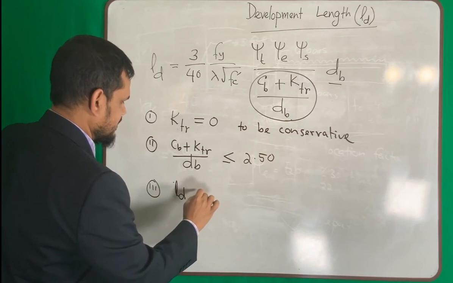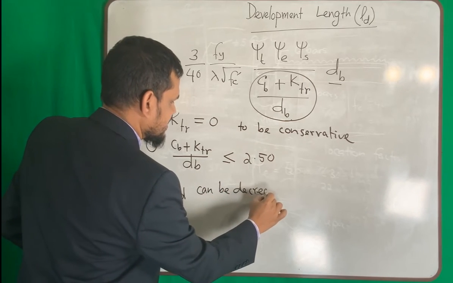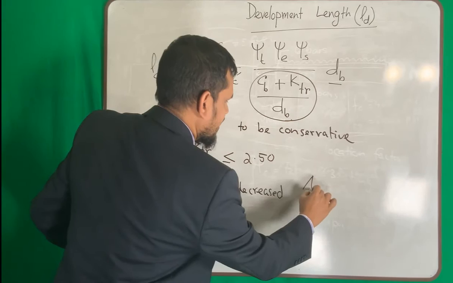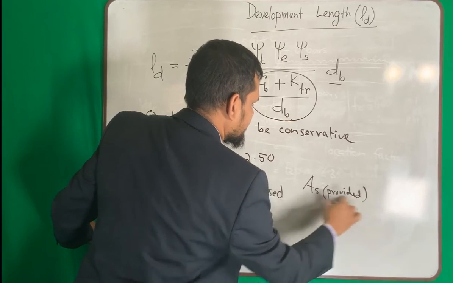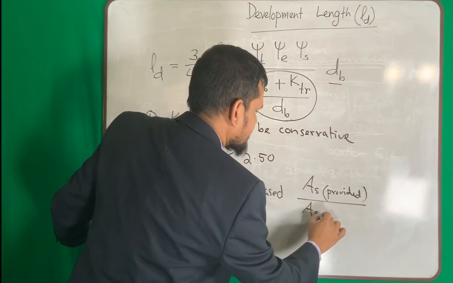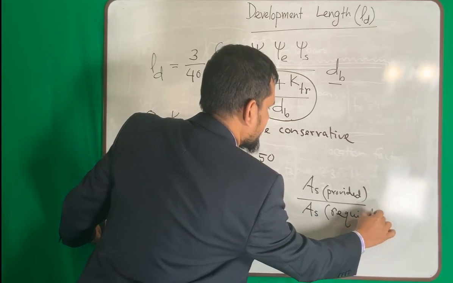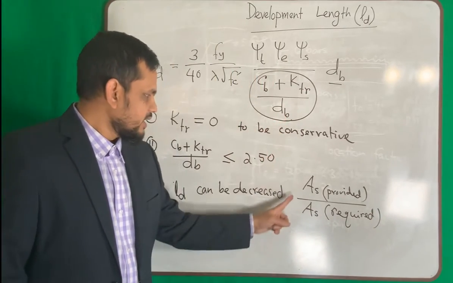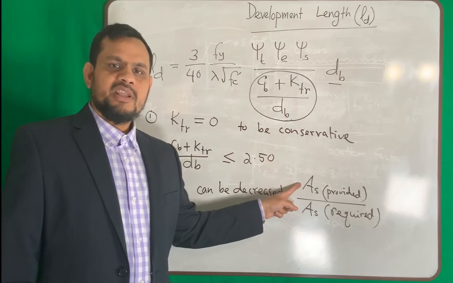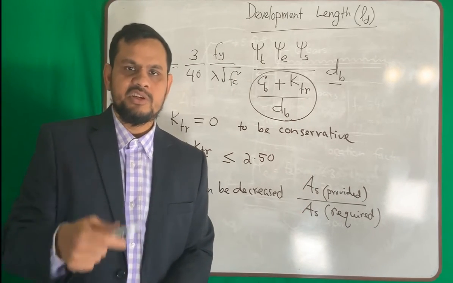LD can be decreased by AS provided divided by AS required. I do not know whether you can see it due to the light, but whatever you are providing divided by whatever you require by the equation.